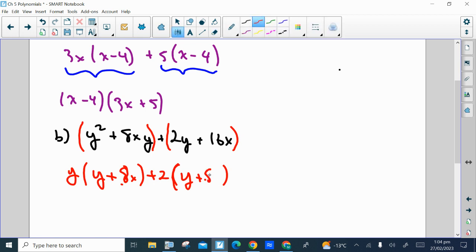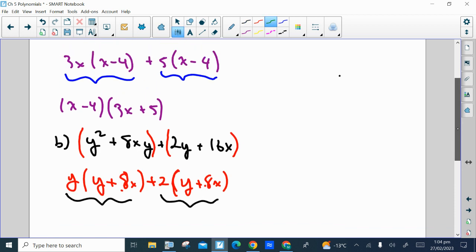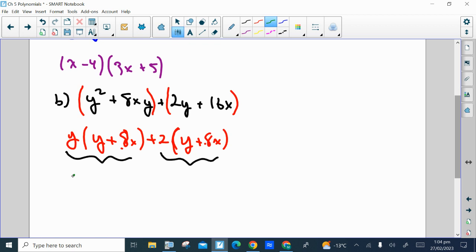And now this looks just like what we did above. We have 2 terms. There's your first term. There's your second term. Both of those terms have a factor of y plus 8x. So now it's just like the one we did above. There is a common factor here of y plus 8x to take out. That's our first factor.